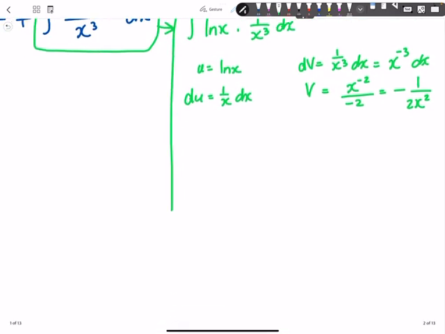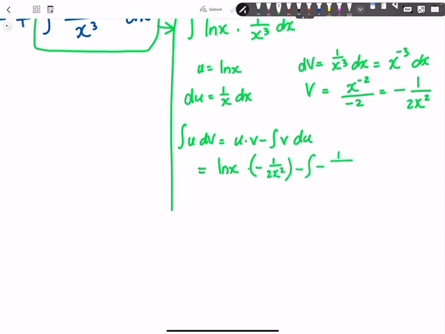All right, so I'm going to put this into our formula. Integral of u dv is equal to uv minus the integral of v du. So this is going to be u is natural log of x, v is negative 1 over 2x squared, minus the integral of v, which is negative 1 over 2x squared, times du, which is 1 over x dx.